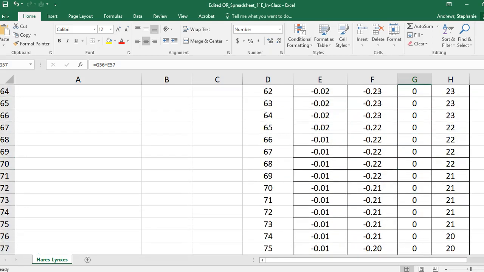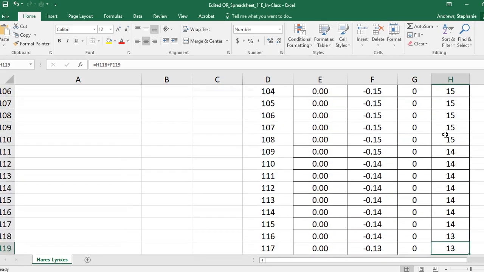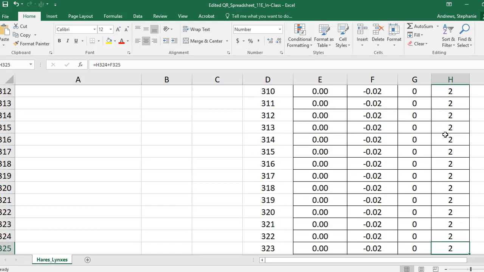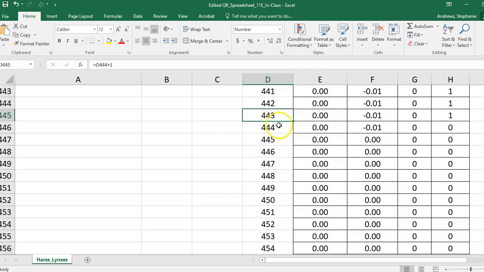And if they die out, I'm going to keep scrolling down, and now I'm looking at the reindeer column, and it's dropping fairly quickly. We're down to 5, 4, 3, 2, 1. Still, oh, there it is. So around steps 443 and 444, the reindeer die out.